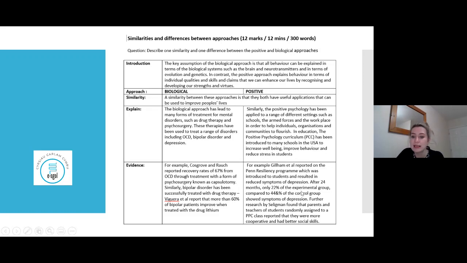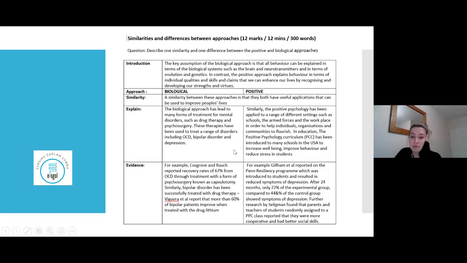For example, Gillham et al. reported on the Penn Resiliency Programme, which was introduced to students and resulted in reduced symptoms of depression. After 24 months, only 22% of the experimental group, compared to 44% of the control group, showed symptoms of depression.